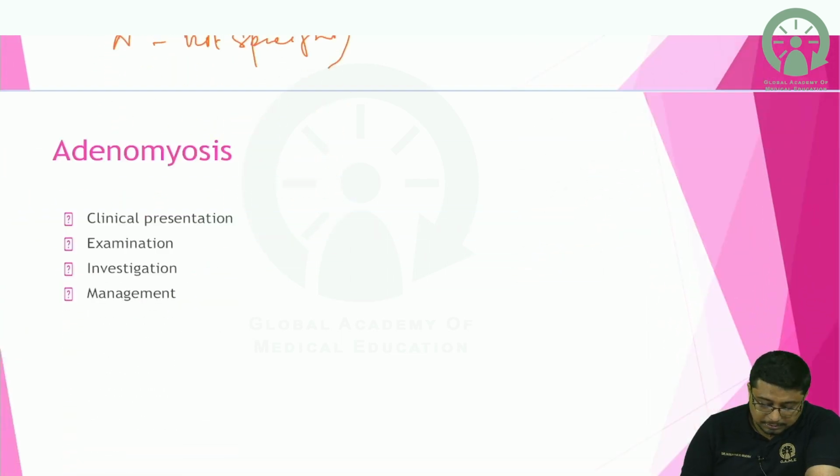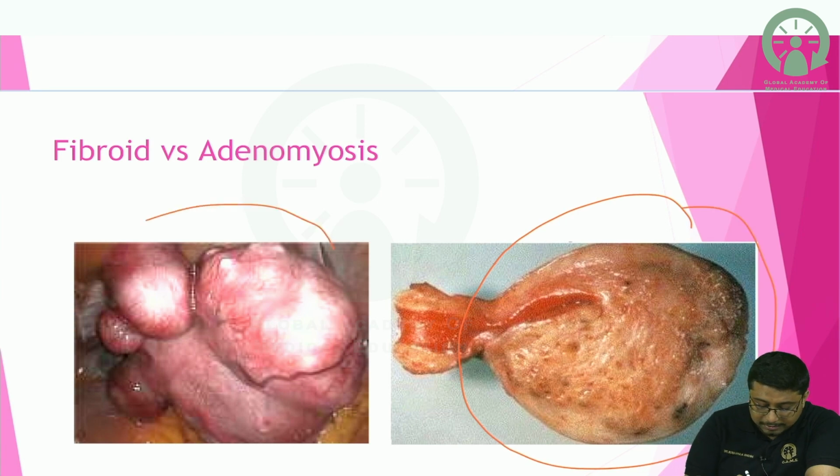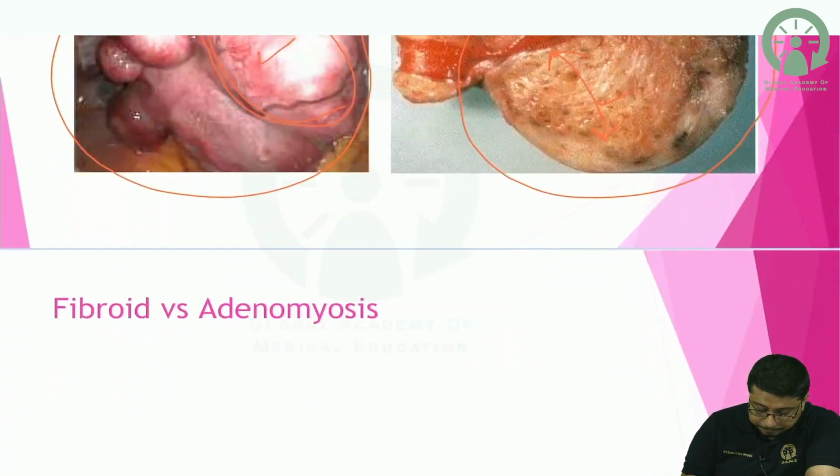Then adenomyosis, I will just give you a brief description on fibroid versus adenomyosis. So here you can see a smooth enlargement, whereas this is an eccentric enlargement. This can be multiple, this is single. This is infiltration of glandular tissue inside the myometrium. This is abnormal growth of myometrium.